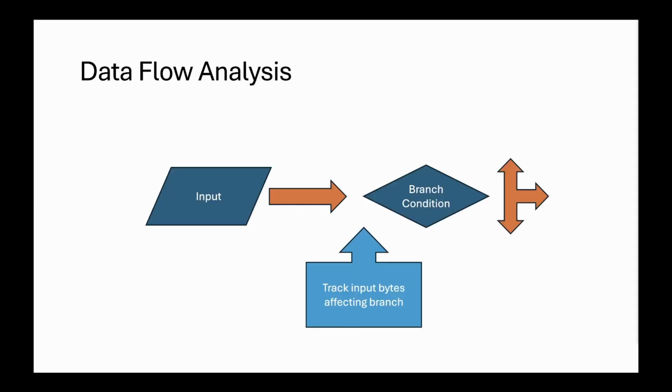A big part that plays into the whole architecture as well is the data flow analysis, which ParmeSan utilizes mainly to determine which input bytes affect specific program conditions. In this graphic here, we see we have some input and it is going towards a branch condition. Think of this like your if-else statements.